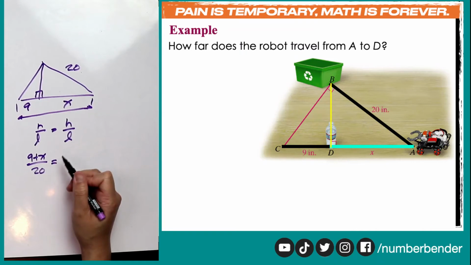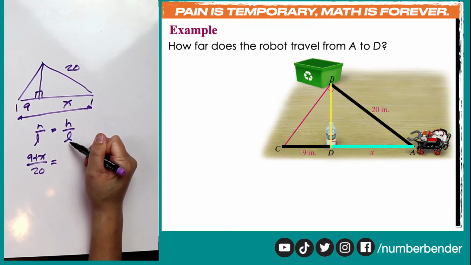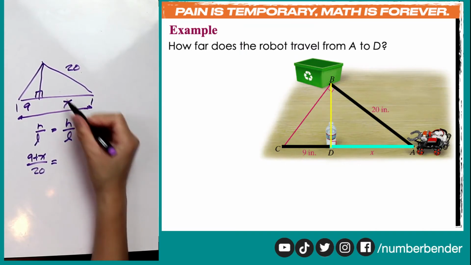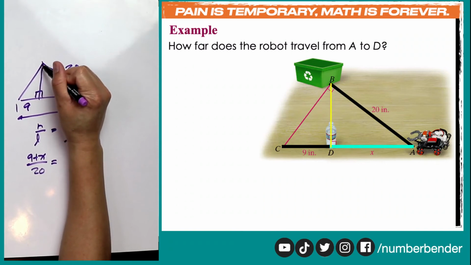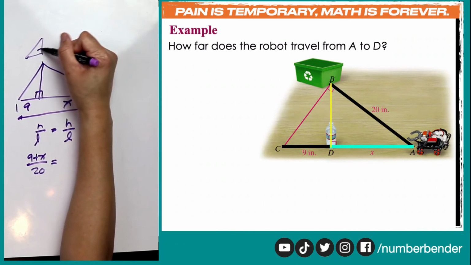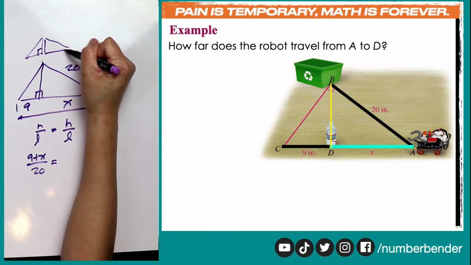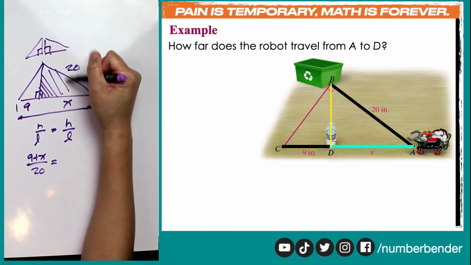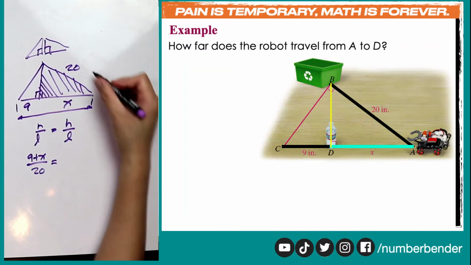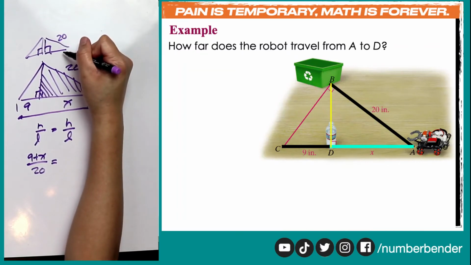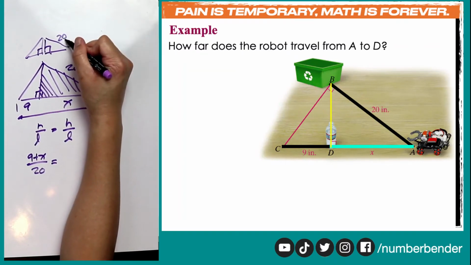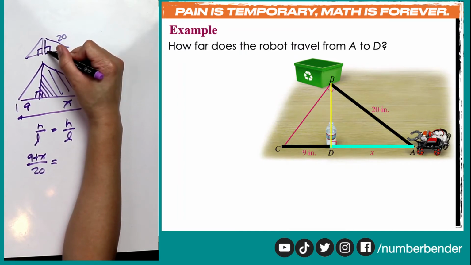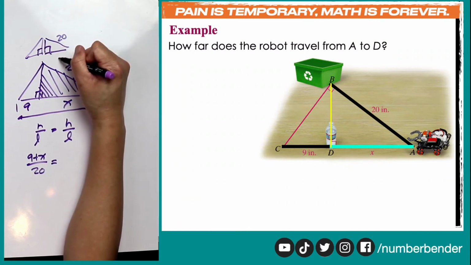And now for our other proportion, we'll either use this right triangle or this right triangle, and we know that between the two of them, this one has more information because we know that the hypotenuse is equal to 20, and we know that this is the hypotenuse of this little right triangle right here because it's opposite the right angle, and our leg is equal to x.